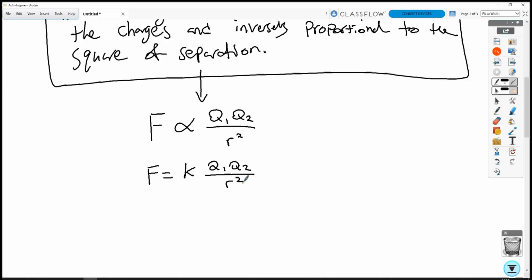And through experimentation and derivation, so you can get this constant both ways, we find that K is equal to 1 over 4 pi epsilon naught. Epsilon naught is a constant that I'll give to you.